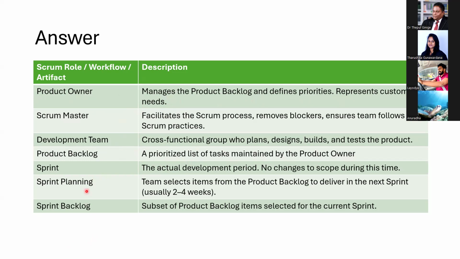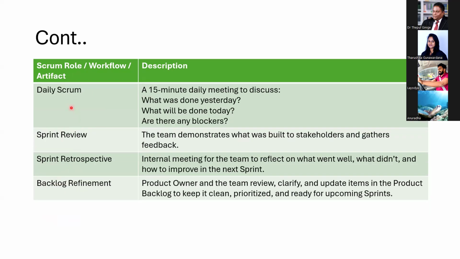So here, product owner, Scrum Master, development team, we can take those as roles. Product backlog, sprint backlog, we can take as artifacts. Sprint planning, daily scrum, sprint review, sprint retrospective, backlog refinement, those we can take as workflows.